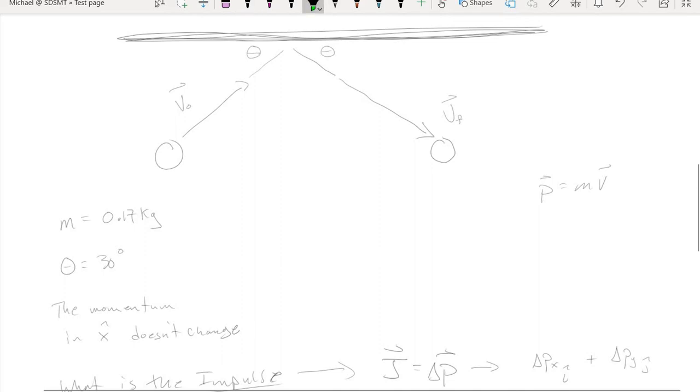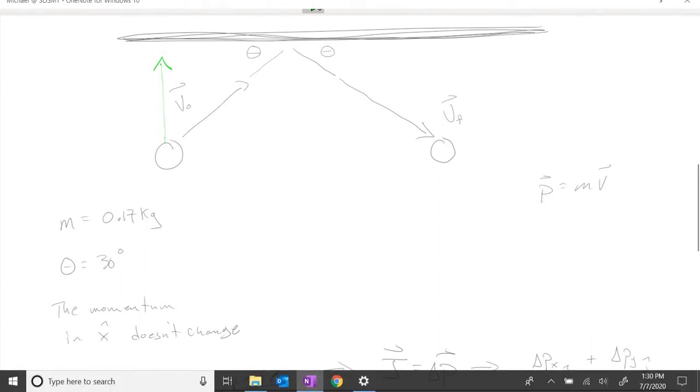For the incoming velocity vector, we have one component of the velocity that is headed right towards the wall.